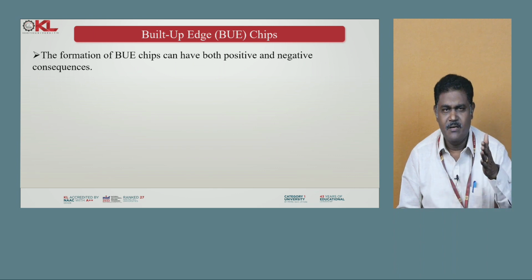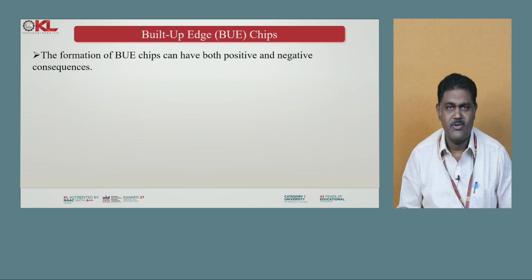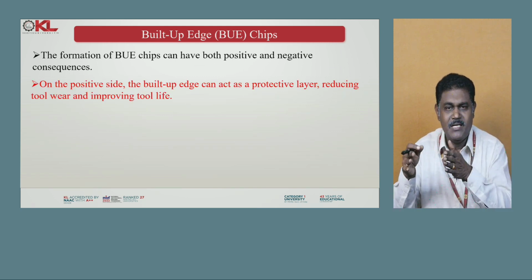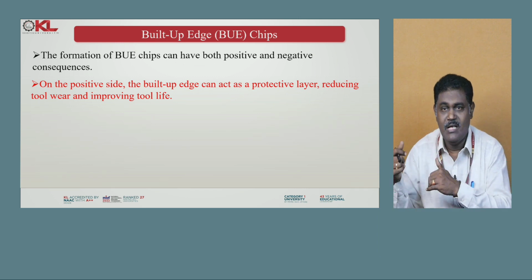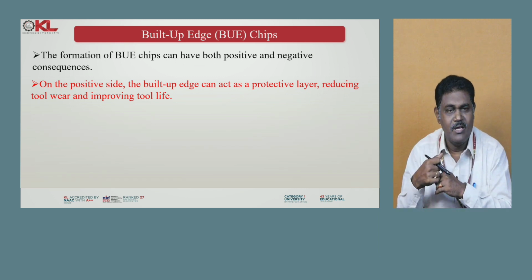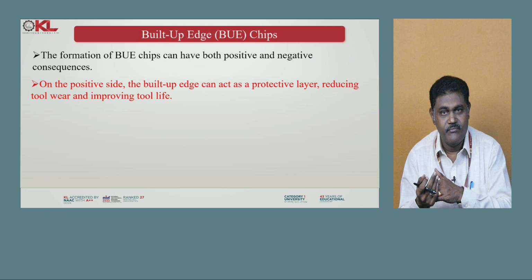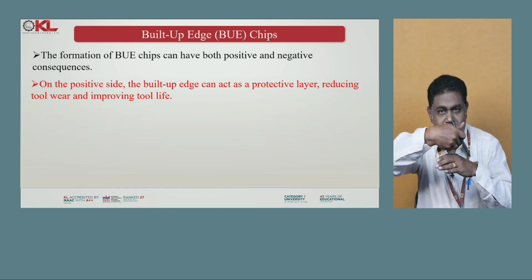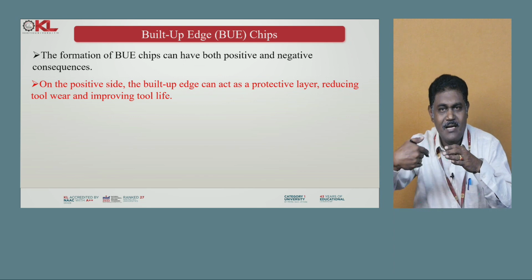The formation of built up edge chips can have both positive and negative consequences. On the positive side, the built up edge can act as a protective layer, reducing tool wear and improving tool life. Because once that edge is formed, the chip cannot move behind this edge.